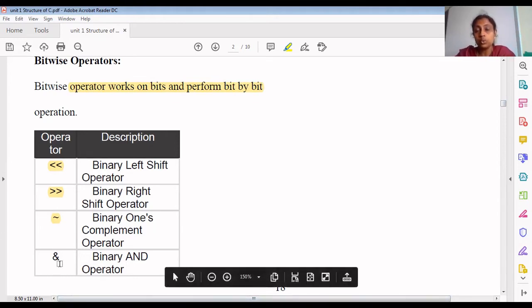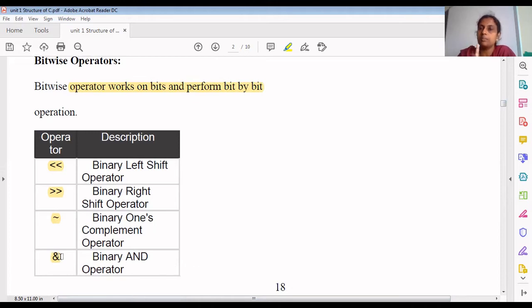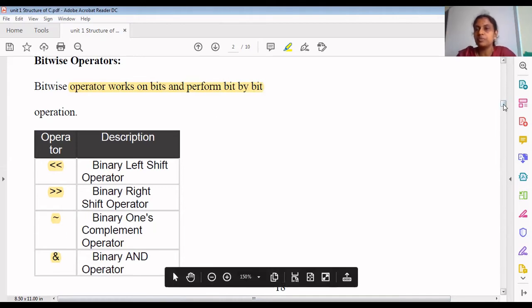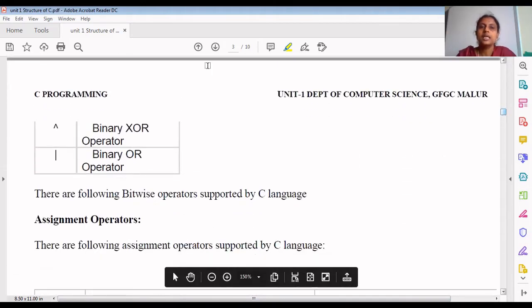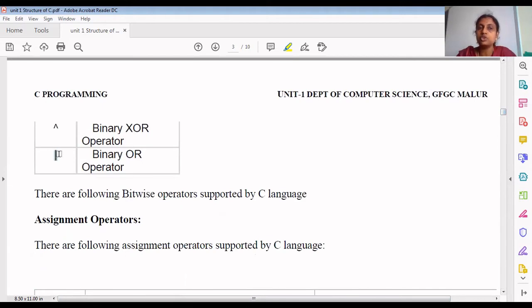And if I put the and symbol 2 times, it becomes logical and. If I put it only once, it is binary and. In zeros and ones, when I want to compare 2 values and perform an operation, we prefer binary and. Then binary or is there. If I put the pipe symbol 2 times, it is logical or.